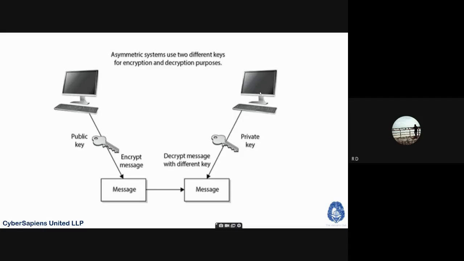This is generally more secure compared to symmetric, because if one key is lost then it's gone. But with the use of two keys, the exchange of keys is also simple, and the mechanism is widely used in a lot of places.